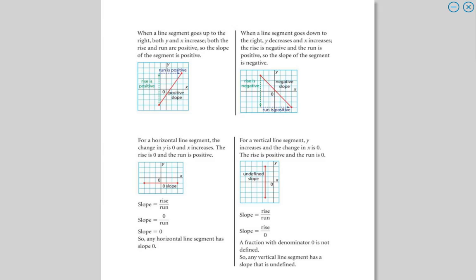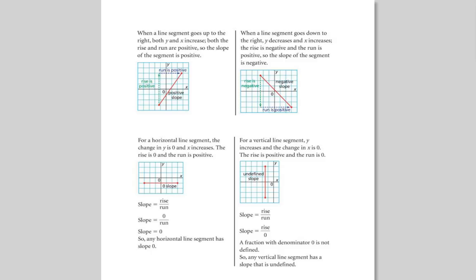Here's a nice little summary page for you. The first example is positive slope. You can see that as x moves on to the right, the change in y is up. Contrast or compare that to this one over here, where the run is positive, so the change in x is positive, but the graph drops.